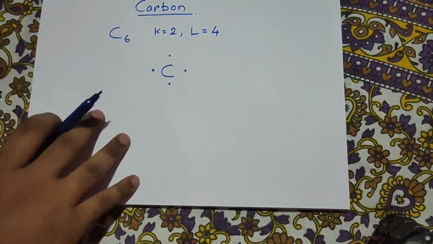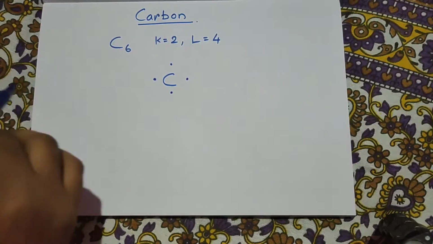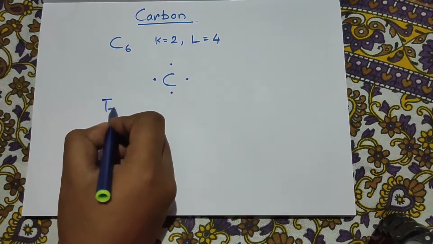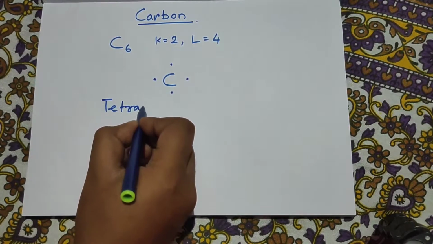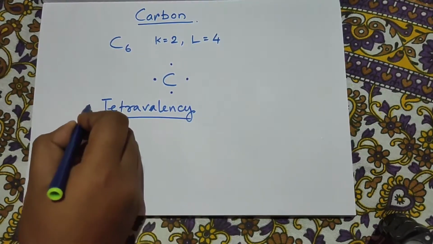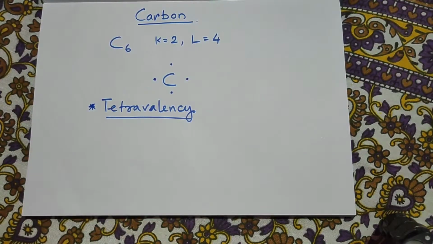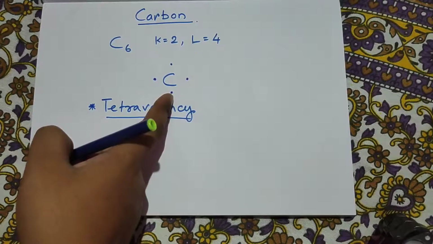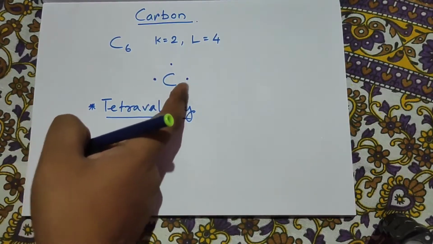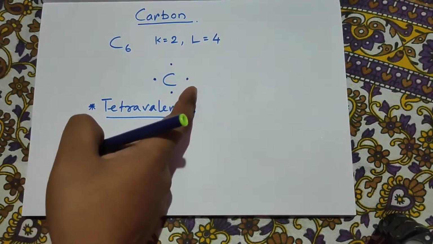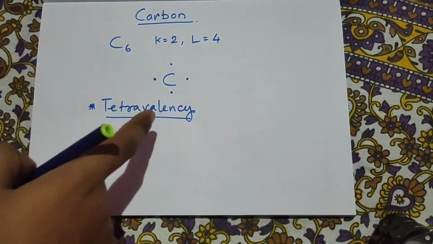So this carbon atom has two properties. One is Tetra Valency. So what is Tetra Valency? The property of carbon atom to share its 4 valence electrons with 4 different monovalent atoms.